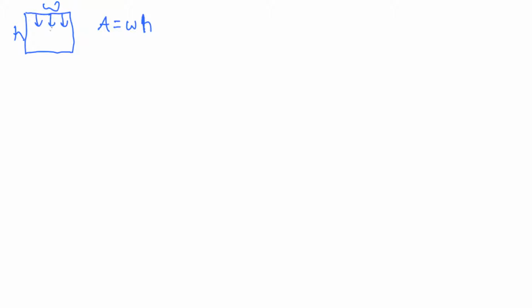It's sweeping out an area, following the path of H. So this line moves across inch by inch until it reaches the end, passing through every piece of the square. That's effectively what we mean when we say W times H is equal to the area.